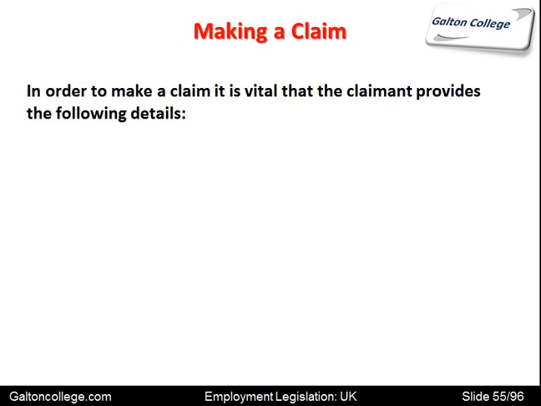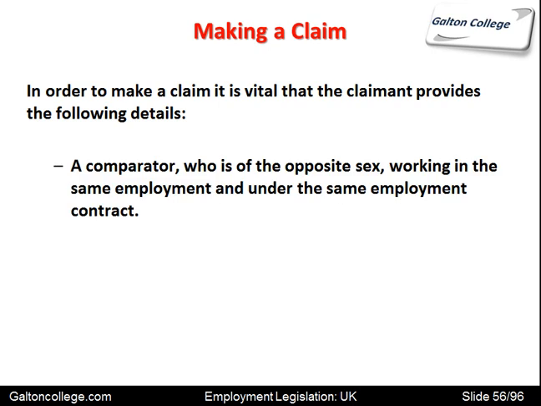How to make a claim? In order to make a claim, it's vital that the claimant provides the following details. A comparator who is of the opposite sex working in the same employment under the same employment contract.